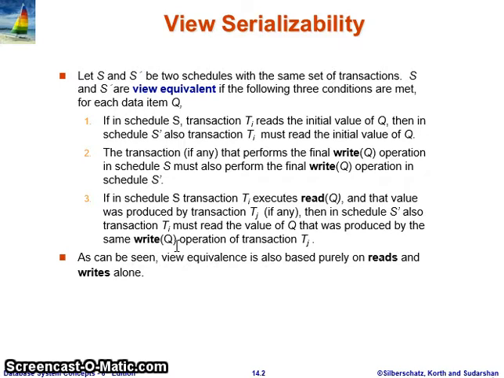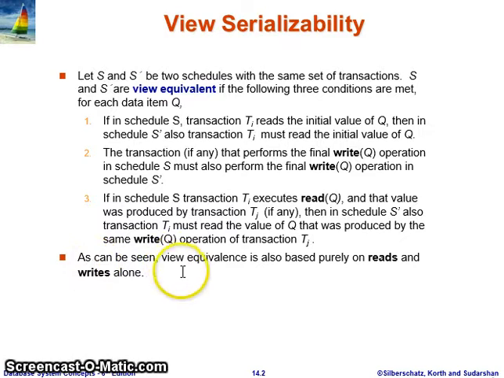Means this third condition says that if a value of a particular data item is produced by some transaction and read by another transaction, it should be the same for both S and S dash. We will see all three conditions in an example for more clarity of what these three conditions mean.